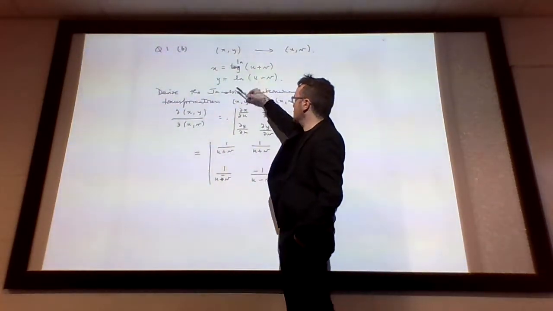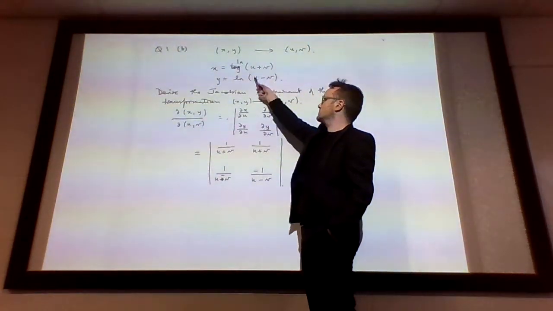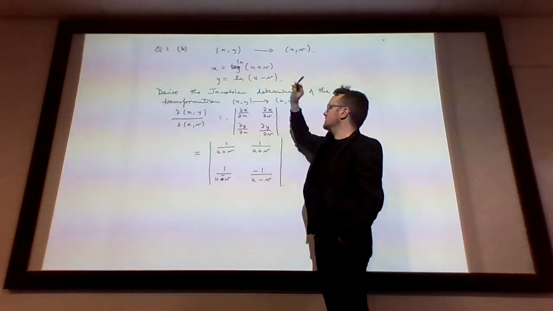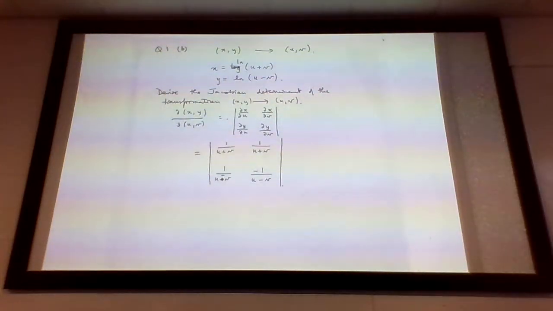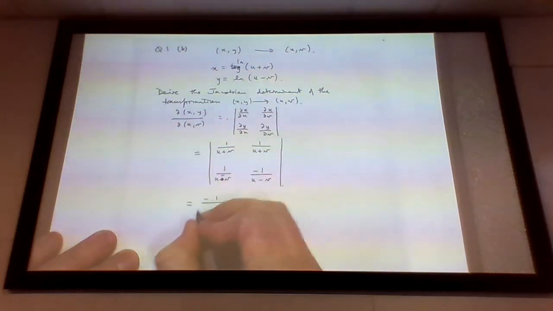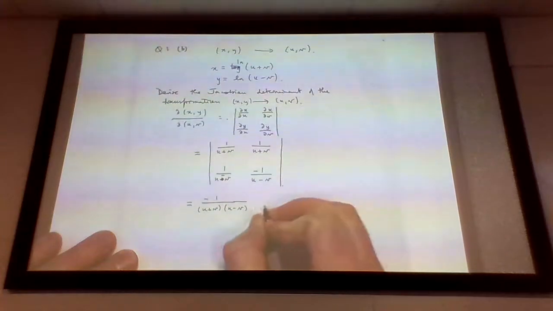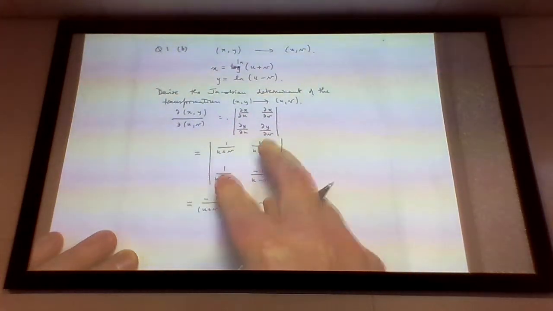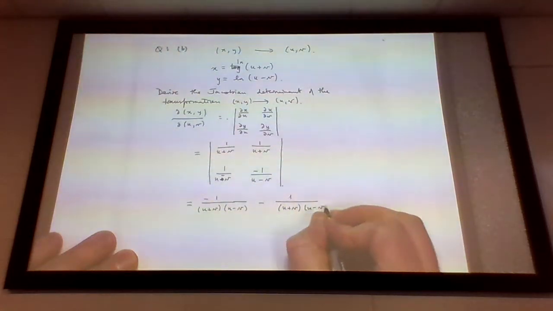So the derivative of the logarithm is 1 over this argument. But then to continue the chain rule, we multiply by the derivative of the inner argument with respect to v, and that derivative is minus 1. So that accounts for this extra factor of minus 1. So now we'll be calculating that determinant, and we see that it's minus 1 over the product of u plus v and the difference u minus v, and then it's minus 1 over the product of those two, which again is the product u plus v with u minus v.